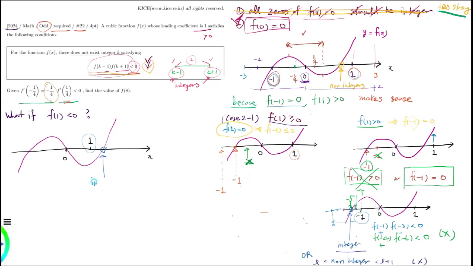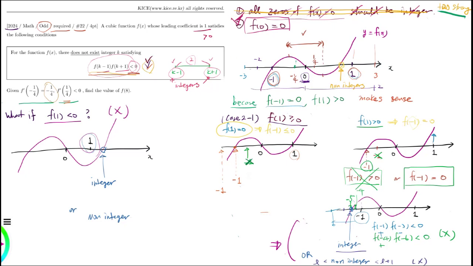First case is integer 0 or non-integer biggest 0 here. You can do the same thing, same logic for this case to figure out that the negative value of f of 1 does not make sense.